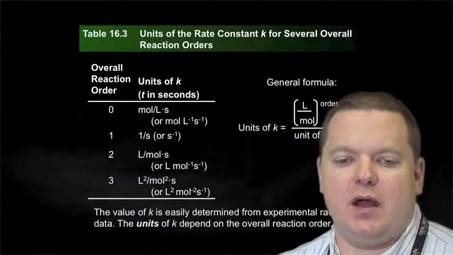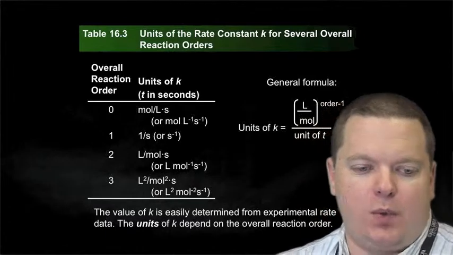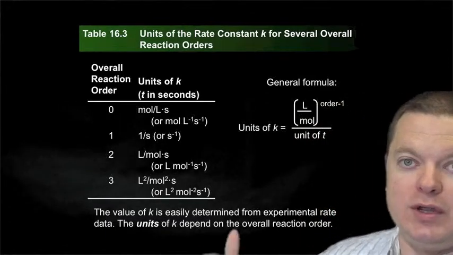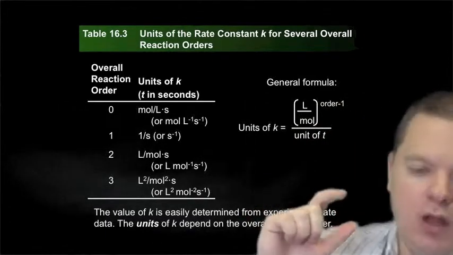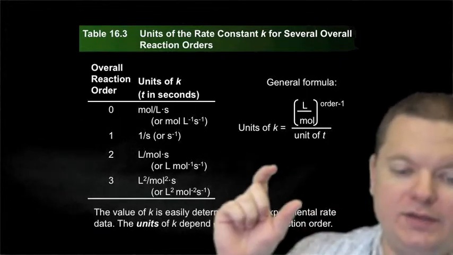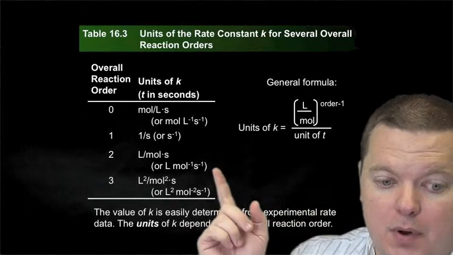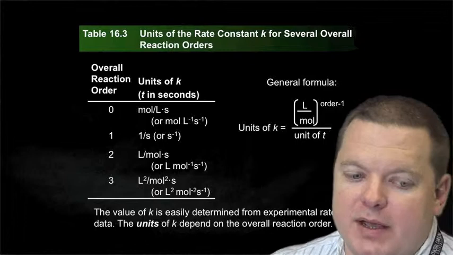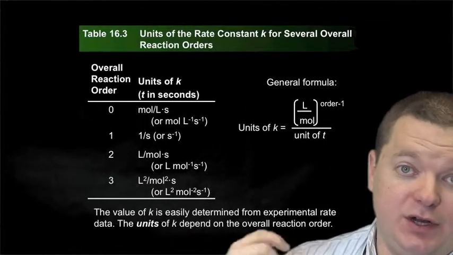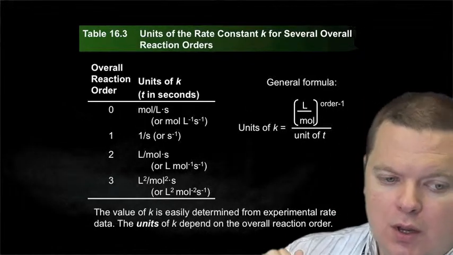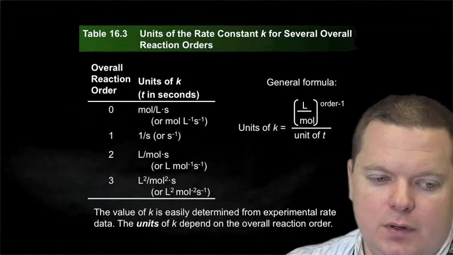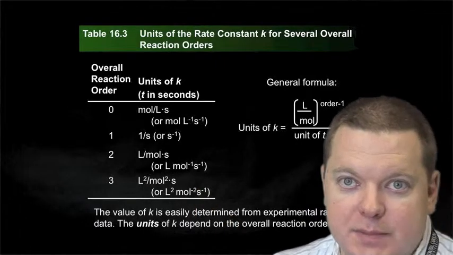If we look at the rate constants, typically the units on the rate constant are going to be liters over moles raised to some overall order minus 1, divided by some unit of time. So if we look at a zero order reaction, then we're just going to have moles per liter times seconds.